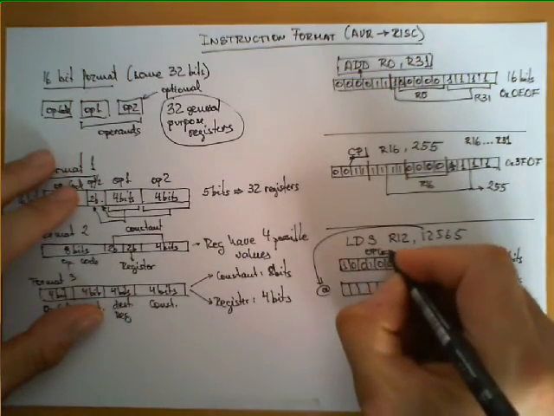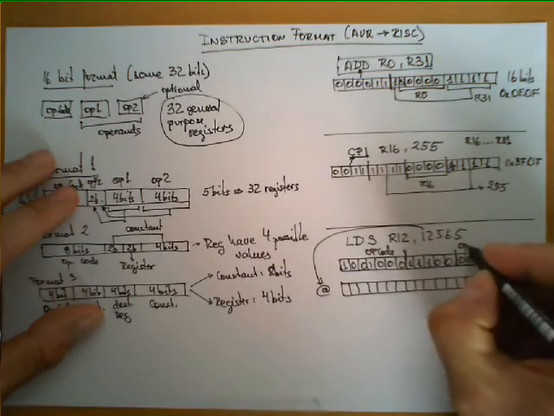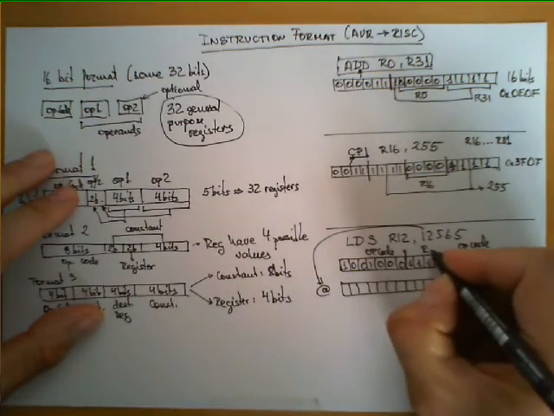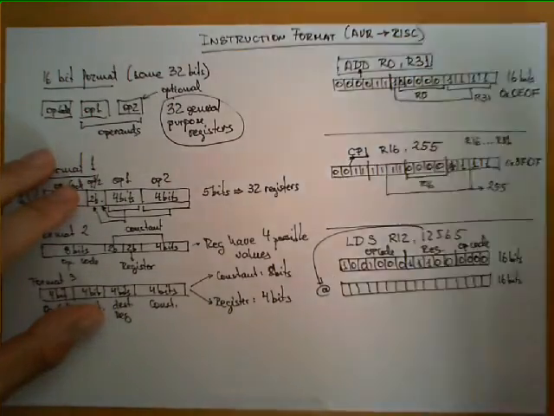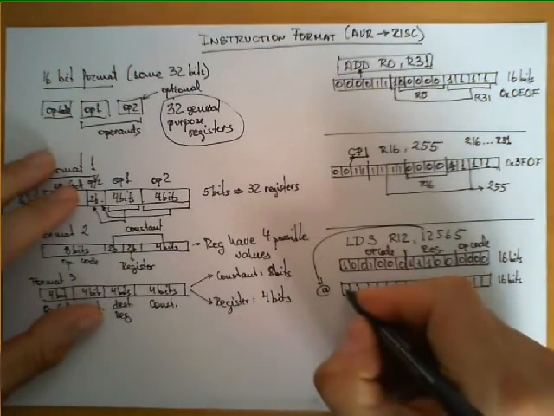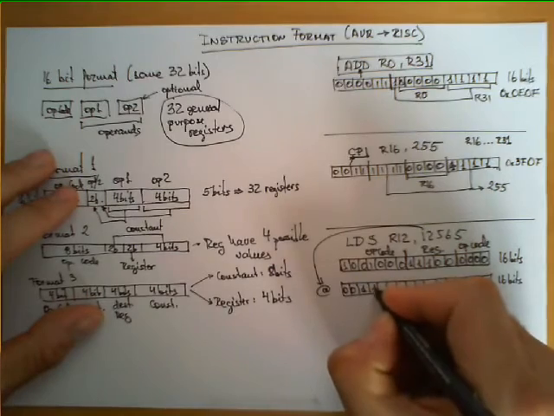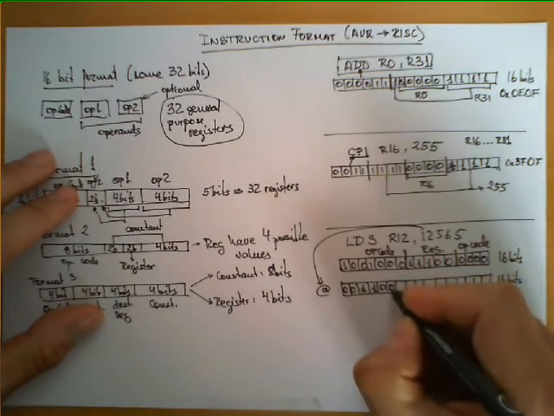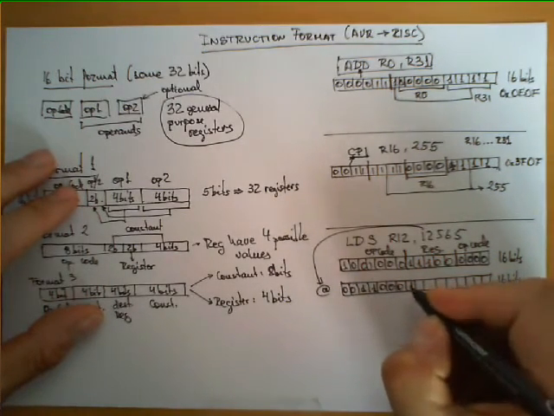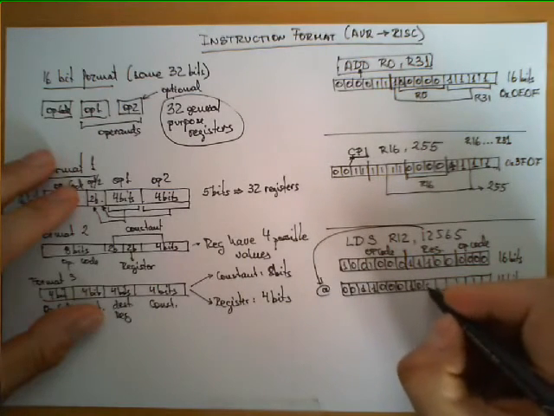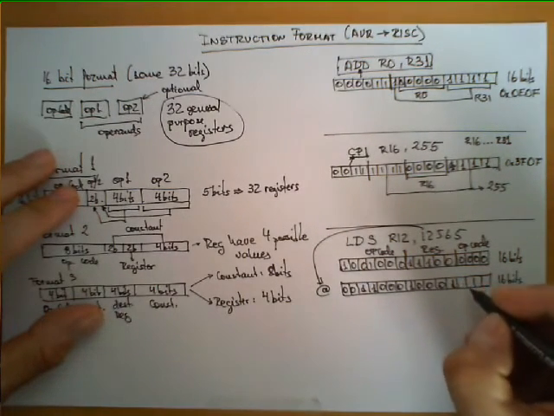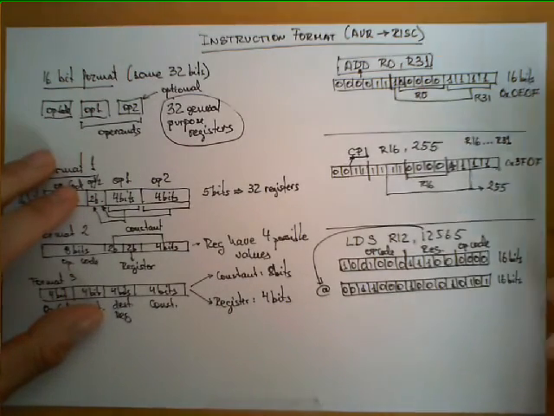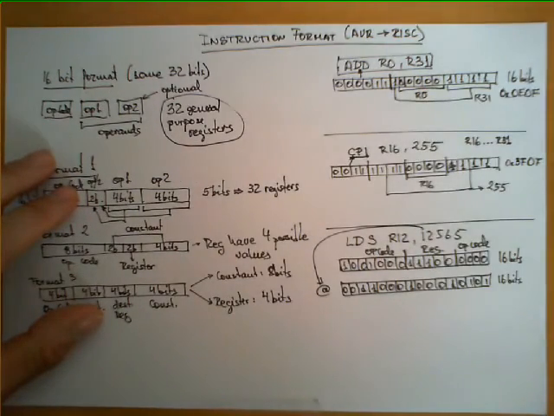So the operation code here is fragmented between this field and this field. This is the register, in this case R12, and finally these 16 bits here, which are 0011, 0001, 0001, 0101, represent the 12,565.